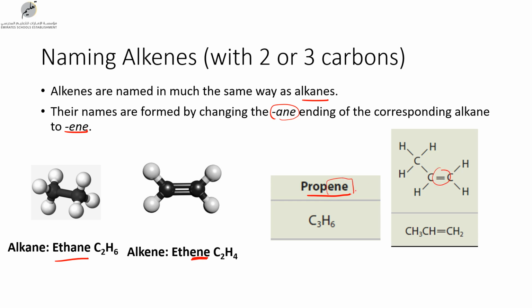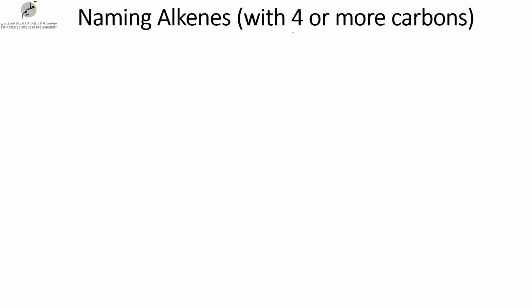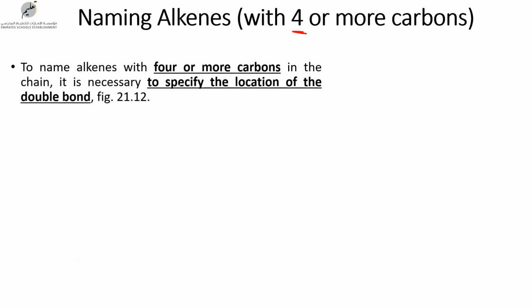Okay? How do we name alkenes with 4 or more carbons? So we need to specify the location of the double bond. We need to show where the double bond happens. In which carbon? Is it in carbon number 1, number 2, number 3, or number 4, and so on.